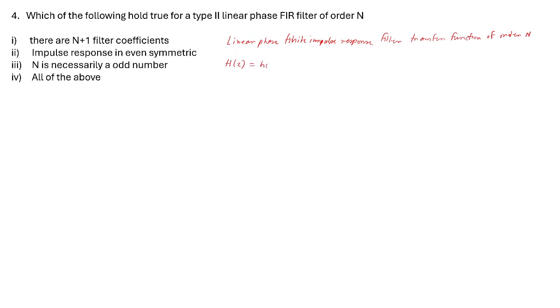Hz is h naught plus h1 times z inverse up to hn times z to the power minus n. You can see the following properties: the coefficients of the transfer function are nothing but the impulse response if you have written the transfer function in this manner.